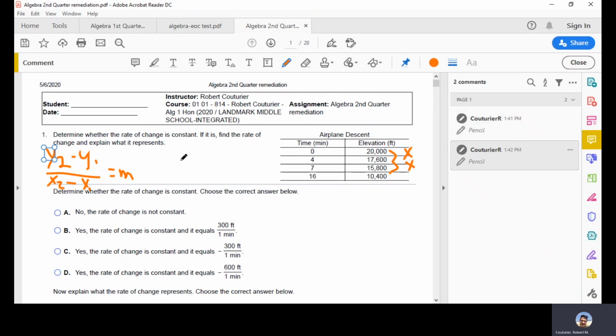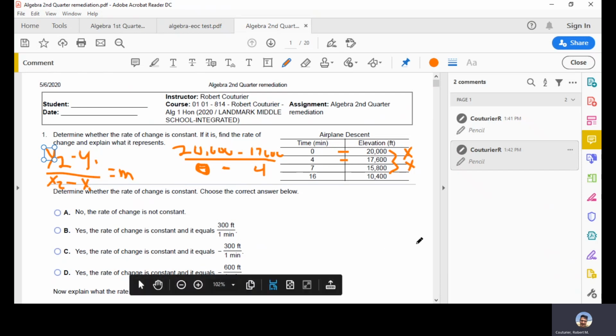You can do 20,000 minus 17,600 divided by, nope, I just did that wrong. 0 minus 4. Remember, the x sits underneath its y. So we subtract these two, and then all you have to do is plug that into a calculator.